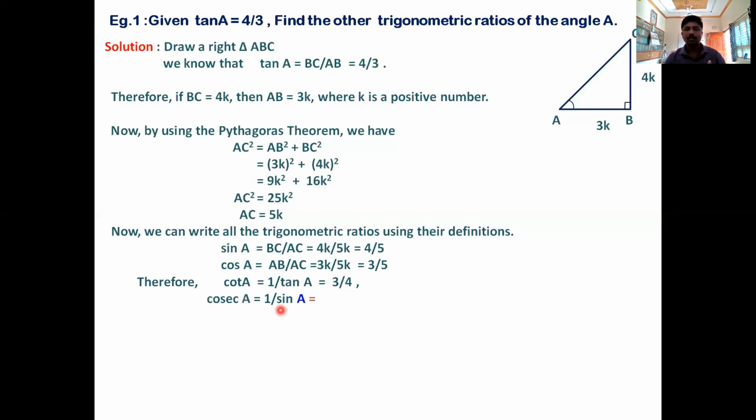Like that, cosec A is equals to 1 upon sin A. Sin A is 4 by 5, therefore 1 divided by 4 by 5 is nothing but 5 by 4. And lastly, sec A is equals to 1 upon cos A, which is equals to 5 by 3.